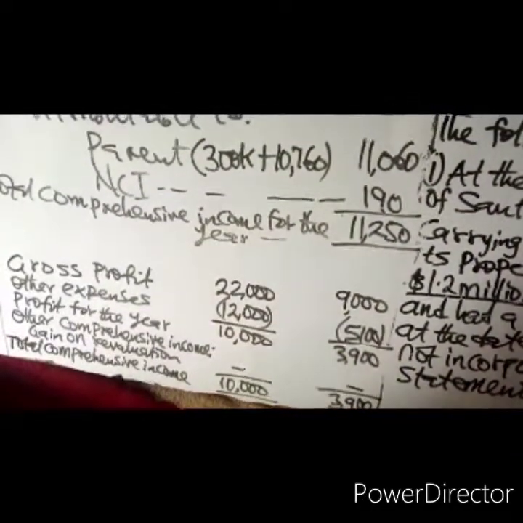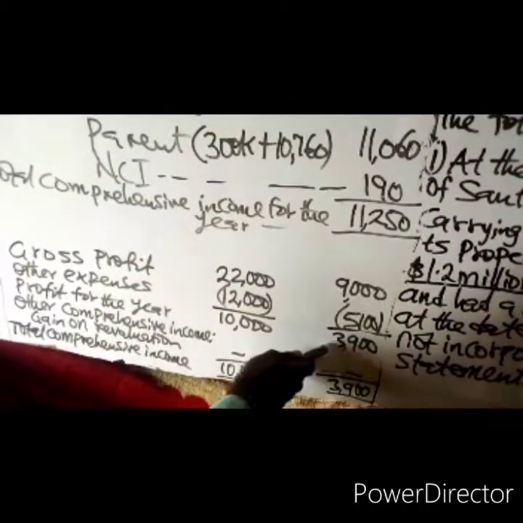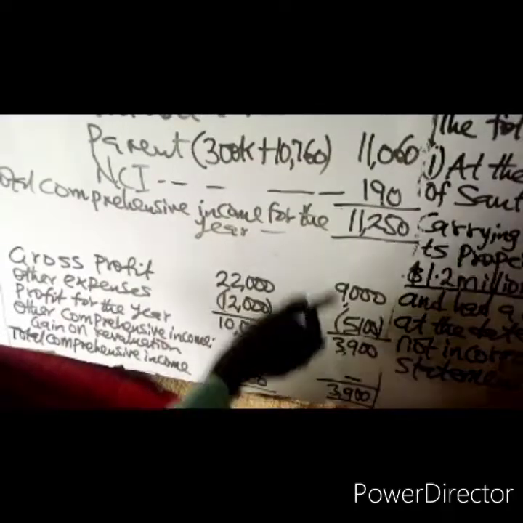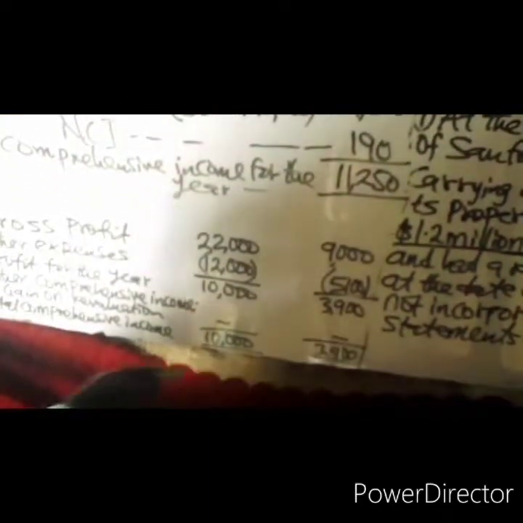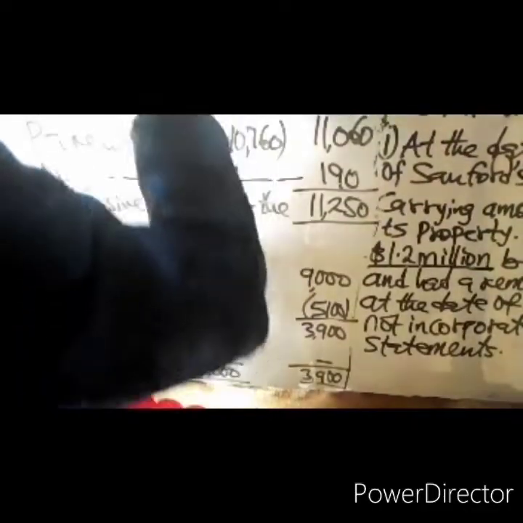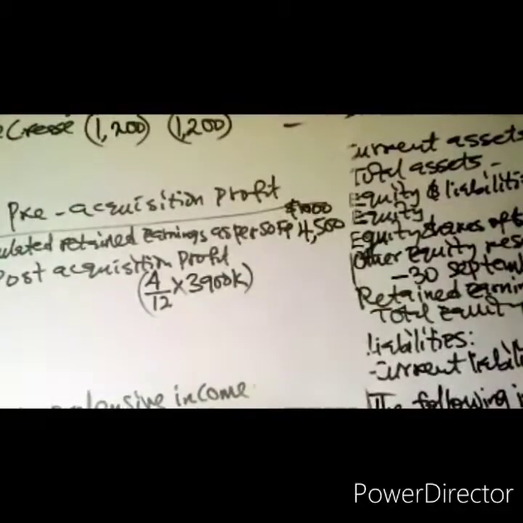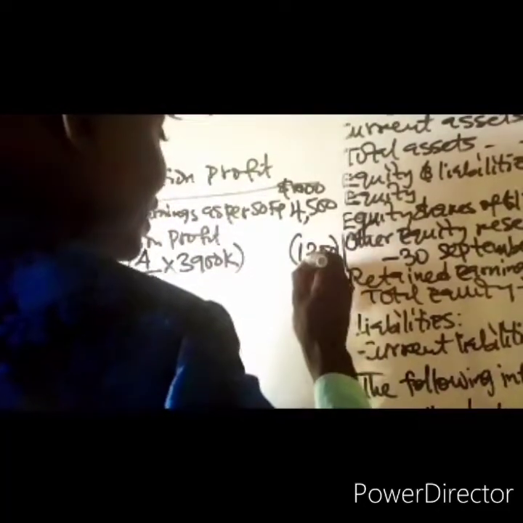Now the one that relates to the post-acquisition period, which is 4 months: 3,900 times 4 divided by 12 gives us 1,300. The 1,300 is the post-acquisition profit.